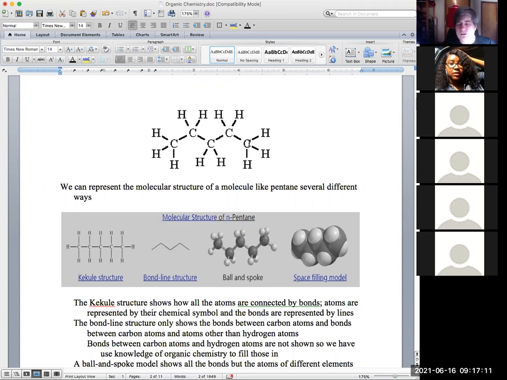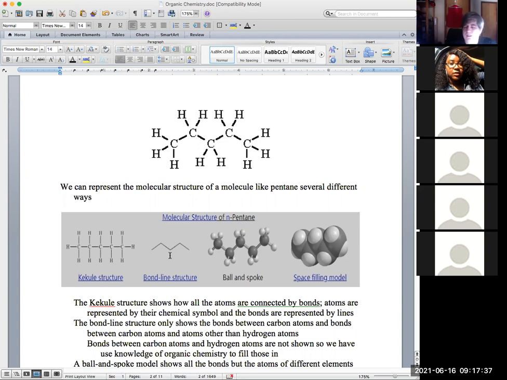Now in a bond line structure, the only bonds that we show are the bonds between carbon atoms and other carbon atoms. Or if we had some oxygen or some nitrogen or some sulfur, we would show the bonds that those atoms have. Notice in a bond line structure, we typically don't show any of the hydrogens.